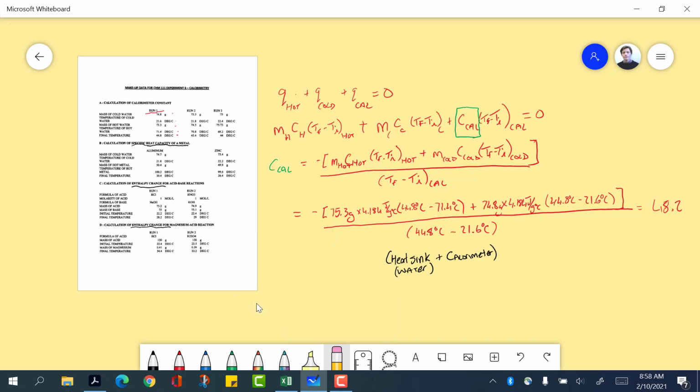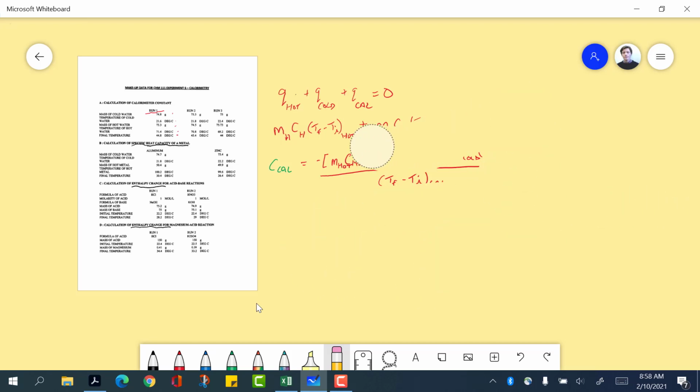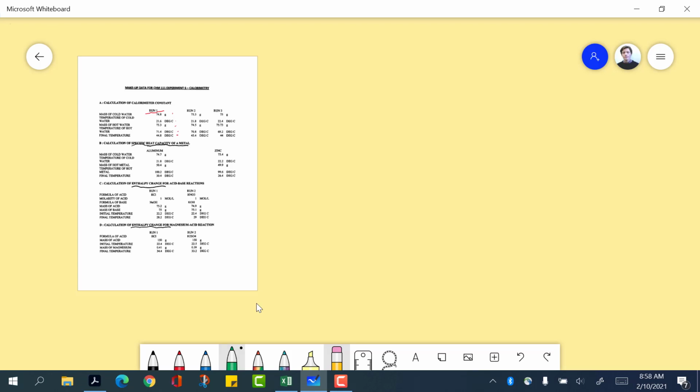For this one, the specific heat of the metal, we're going to have our three heat flows again: the heat associated with the metal, plus the heat associated with the water, plus the heat associated with the calorimeter. All of that has to sum to 0.